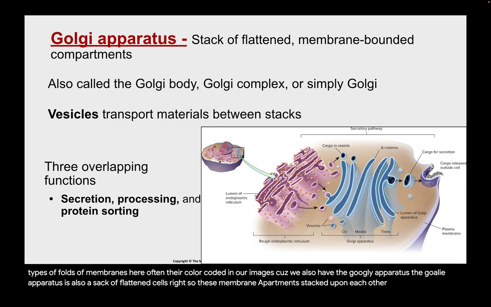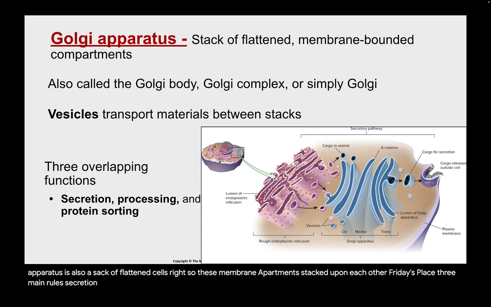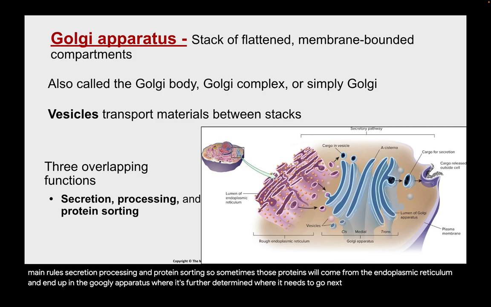And the Golgi apparatus plays three main roles: secretion, processing, and protein sorting. So sometimes those proteins will come from the endoplasmic reticulum and end up in the Golgi apparatus, where it's further determined where it needs to go next.